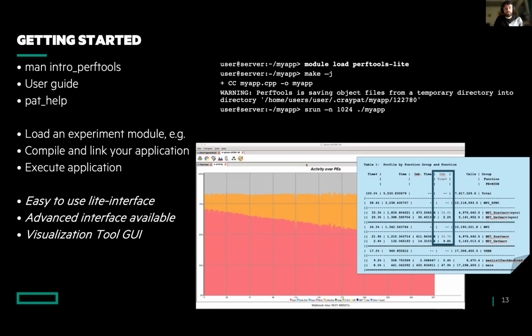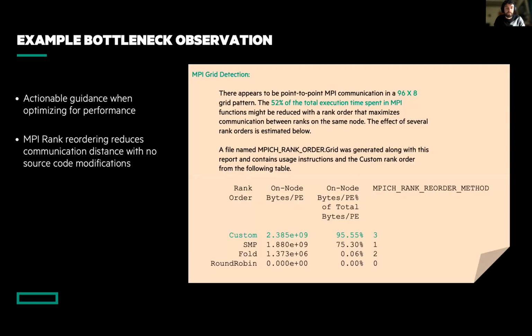So this is what's available in the simple case. You also have a more advanced interface where you can do a lot more tuning of exactly what you want to analyze beyond just the perf tools lite output.